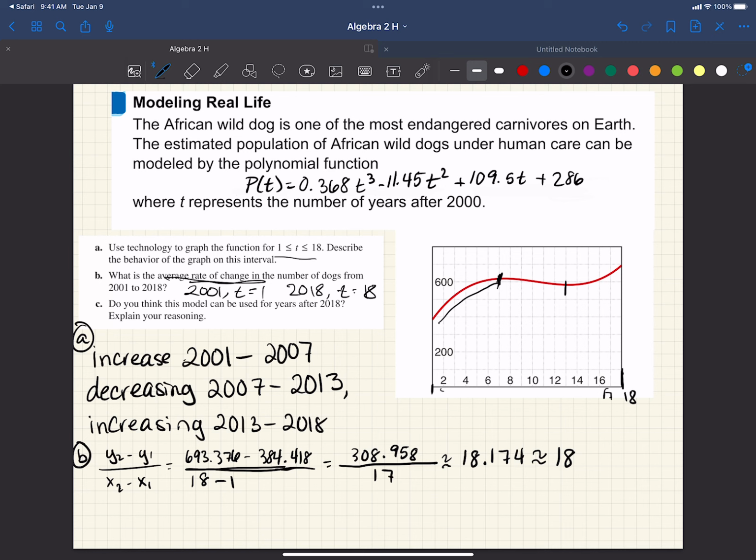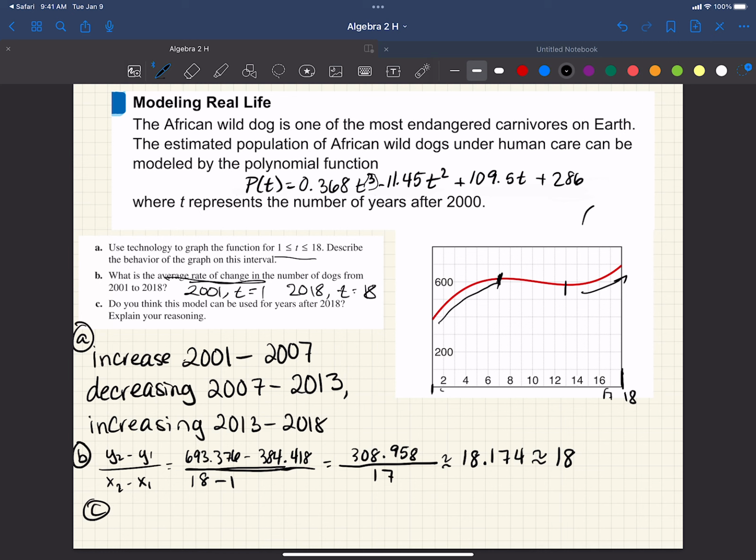And then for part C, do you think this model can be used for years after 2018? The problem with using such a small window and these kinds of functions is that after I pass 2013 and start increasing on my graph, well, this is a cubic function, and I'll give you a hint: a cubic function will have two changes.